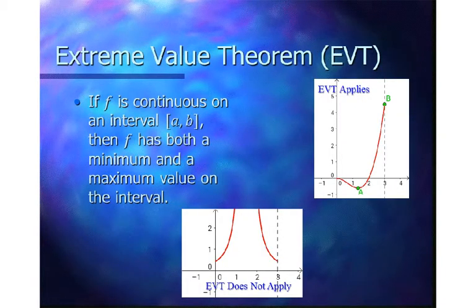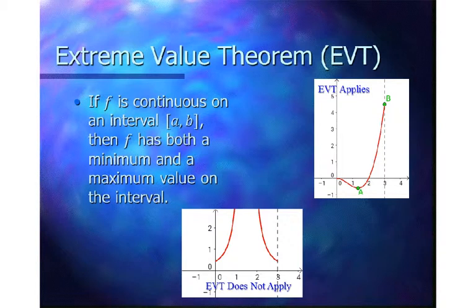Now, we have what is called the extreme value theorem. And all this tells us is that if a function is continuous from some a to some b, including the endpoints, then that function is going to have both a minimum and a maximum value on the interval.